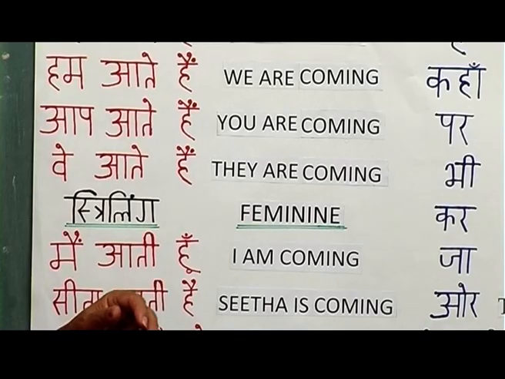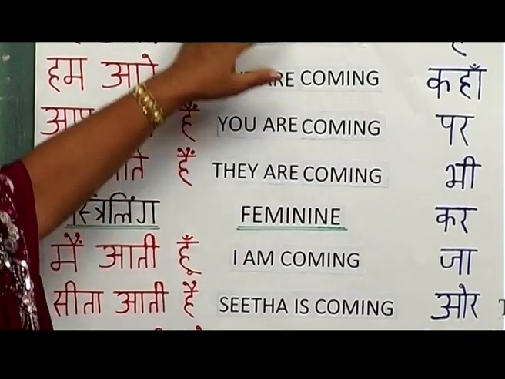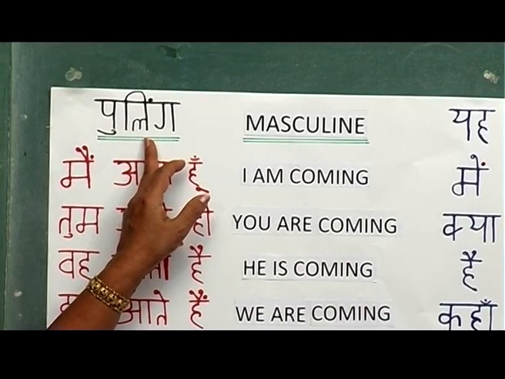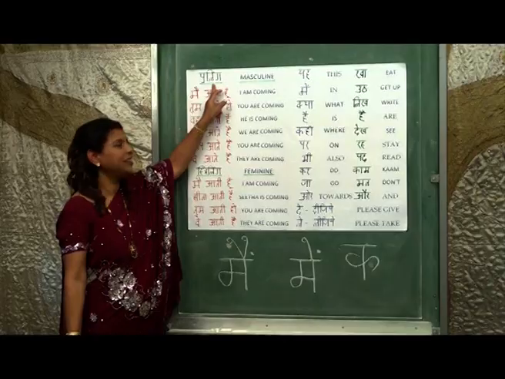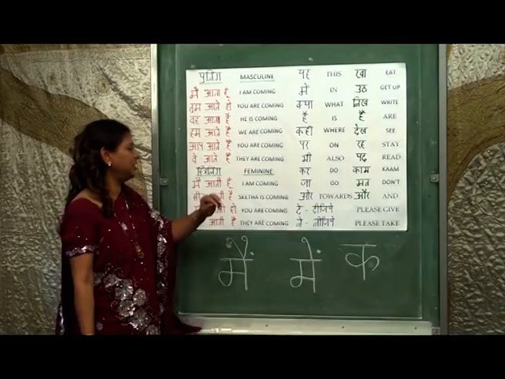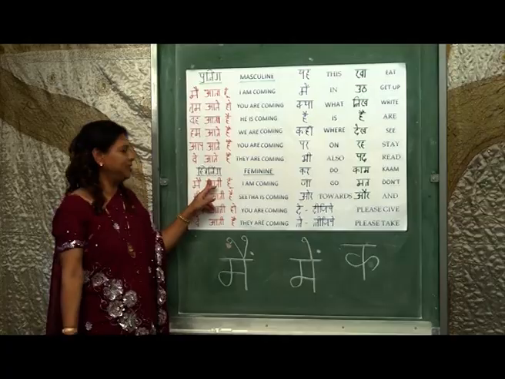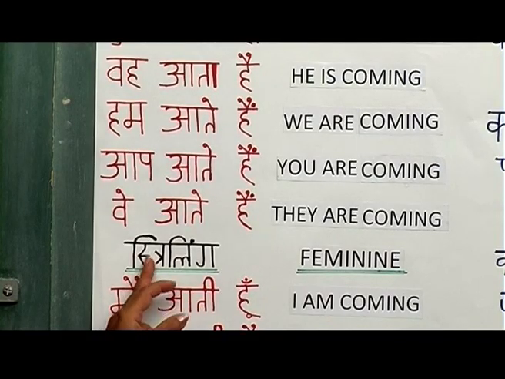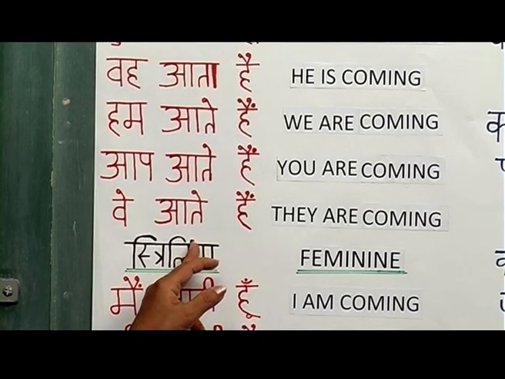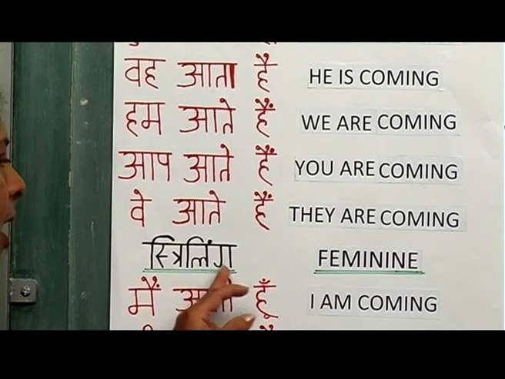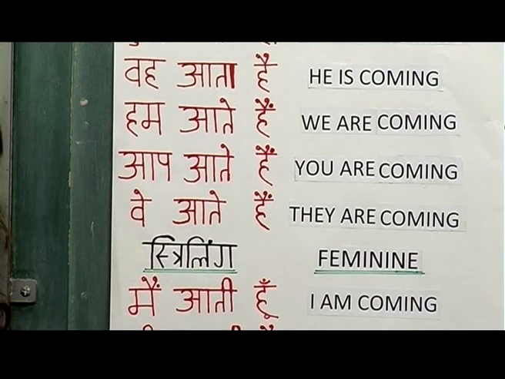Now the word in Hindi for masculine is pulling. Something easy for you to remember. You're pulling the string. Okay, pulling for masculine. Then for feminine, the word is striling. Right? A half a s here used with a tra, la, dot again here nasalized, la and the ga. Striling. Okay, and that means feminine.